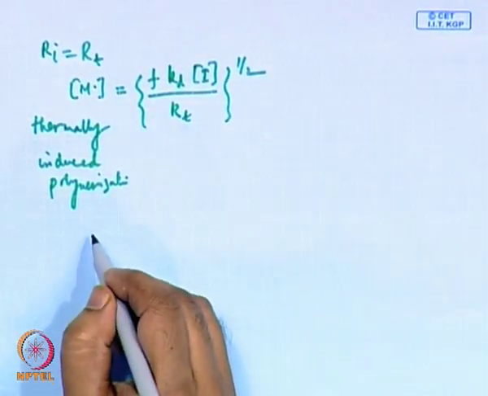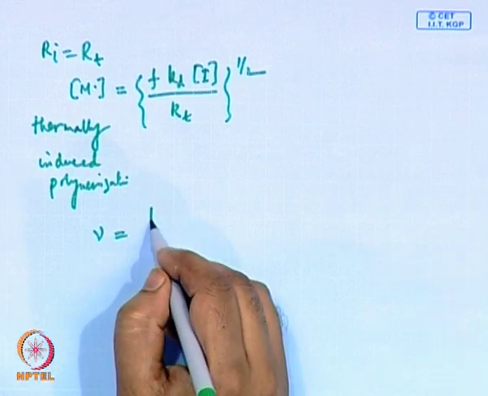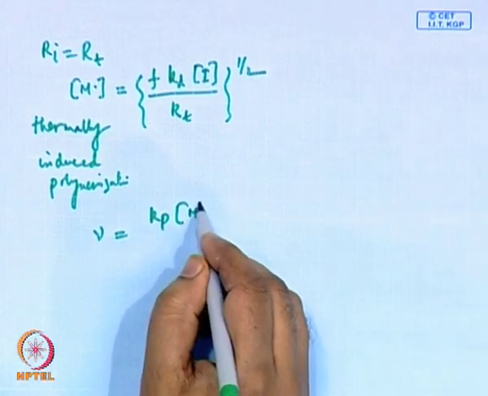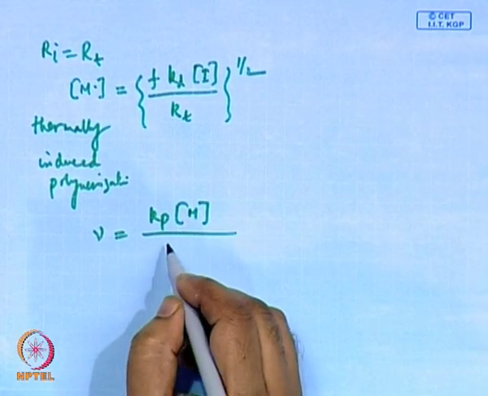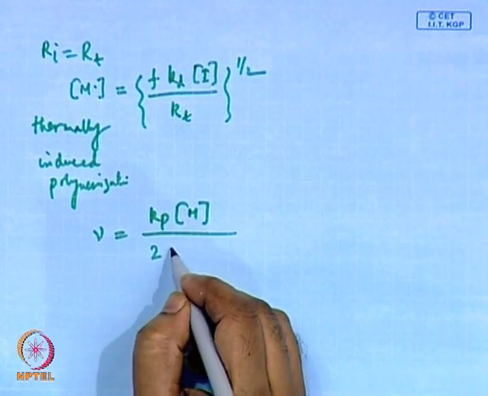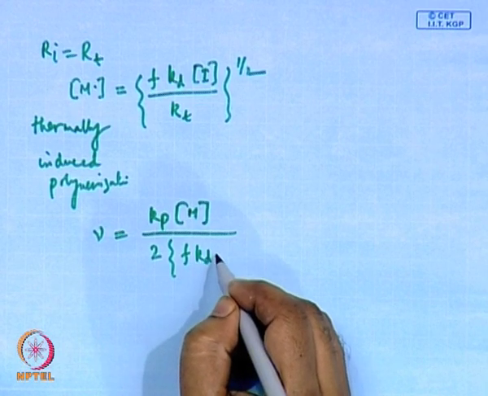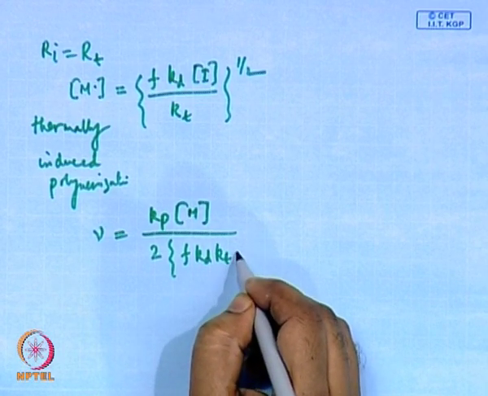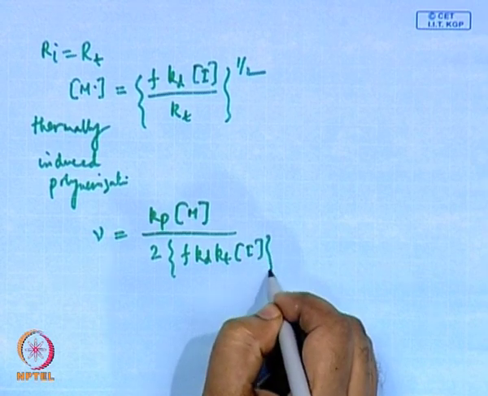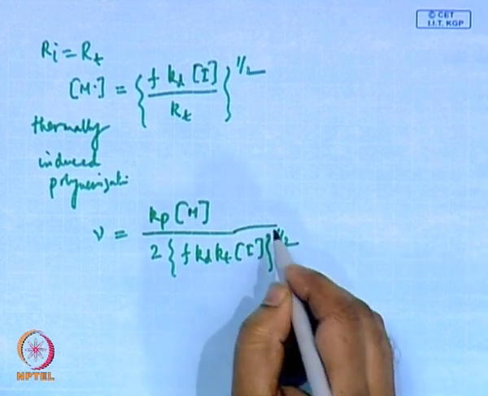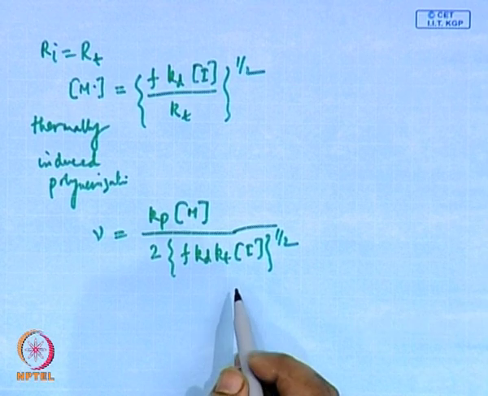So we can now write nu as kp M divided by 2 (f kd kt) to the power half, from the last expression.